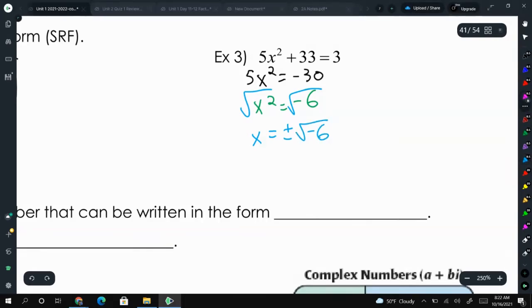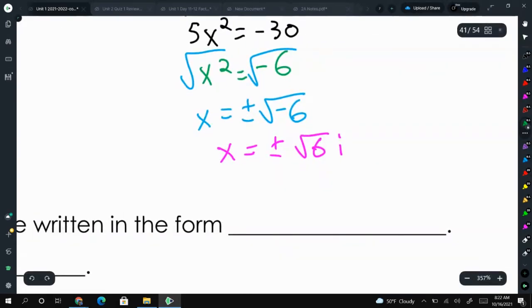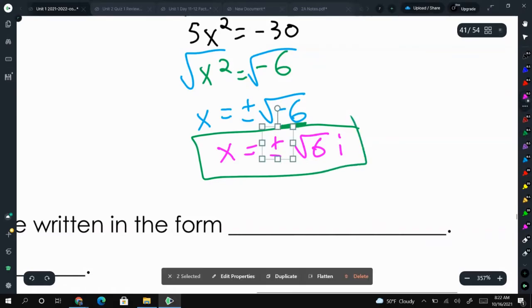And from this point, I'm just going to go x equals plus or minus the square root of 6 times i, because I know that we're going to have the square root of negative 1 here. So this would be our answer.